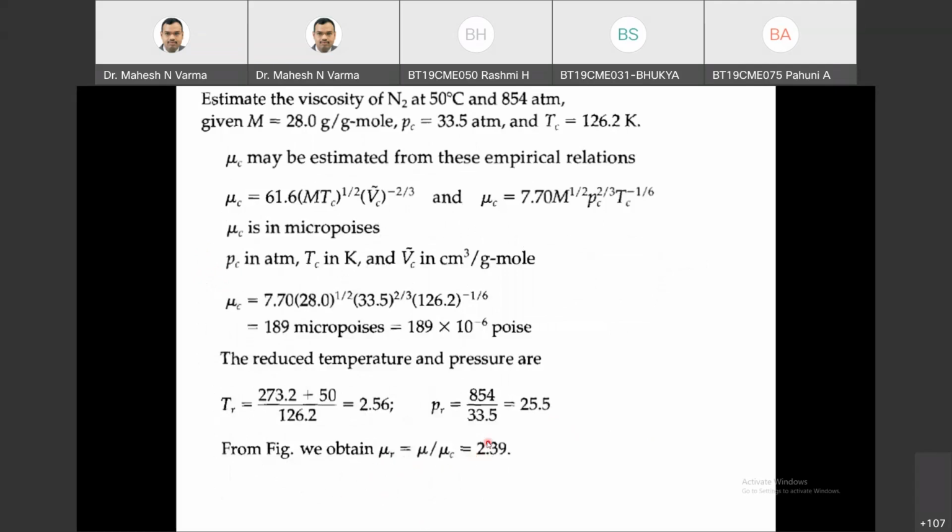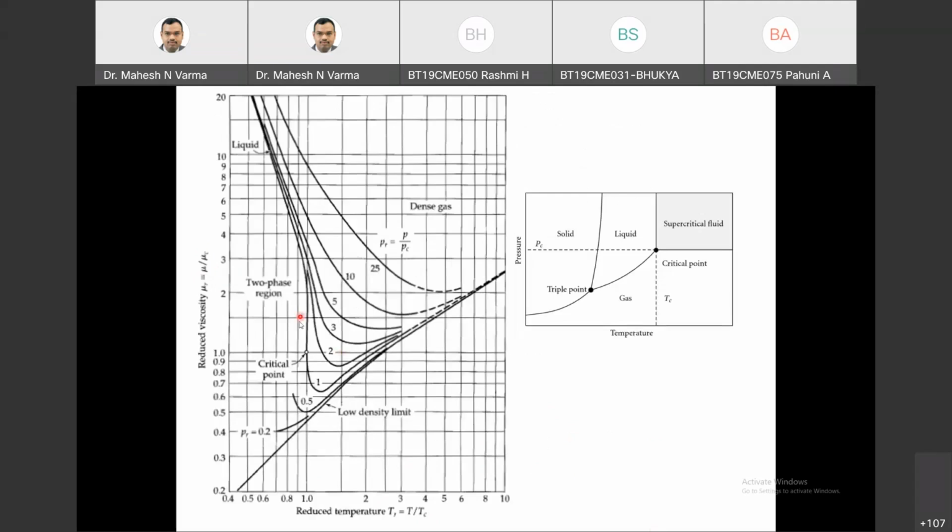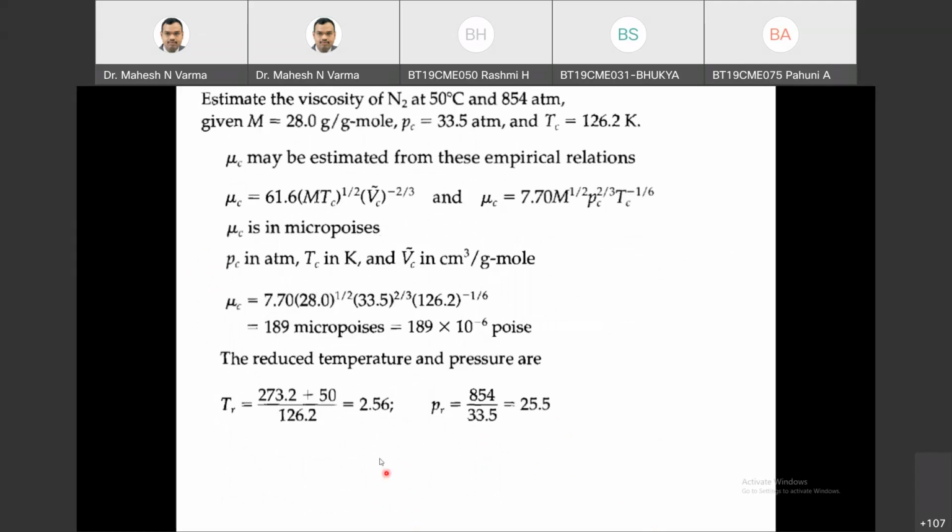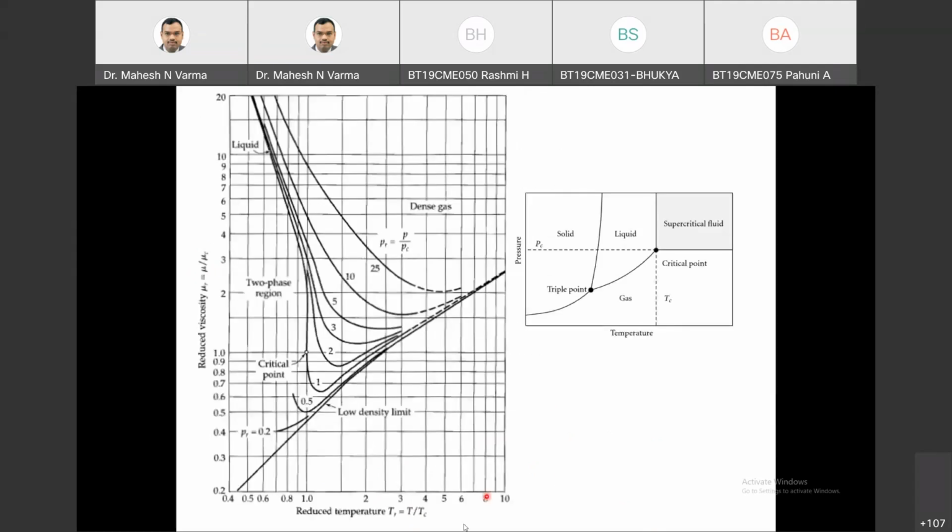The reduced viscosity is 2.39. So here somewhere, this is reduced temperature. Reduced temperature is 2.56 and reduced pressure is 25.5. Somewhere here this point will be there.